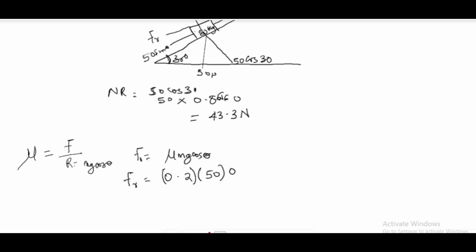So I think we don't need to do it all over again. We just carry the values over. So we have just 0.2 times 43.3. And what would that give us? So that will give us 8.66 as our friction.